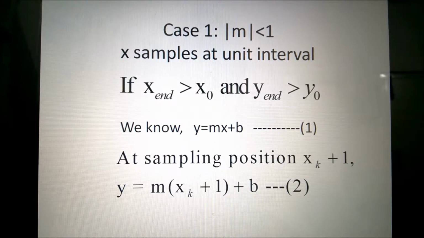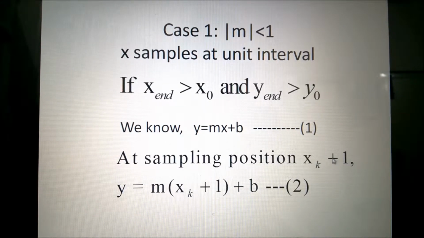Now we see the derivation of this algorithm. We know the equation of the straight line is y equals mx plus b. Because we are considering m less than 1, the sampling rate will be incremented, because the initial point is lesser than the ending point.